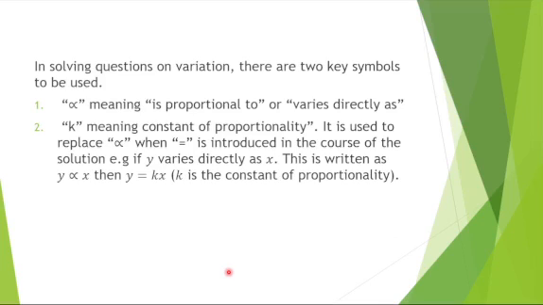If y varies directly as x, then it is written as y proportional sign x, which is read as y varies as x. Then y is equal to kx. That is when you are converting it to an equation.